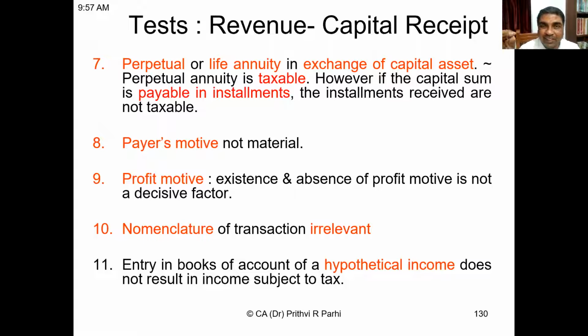Blindly it is difficult to say. Suppose the transaction may be treated as a sale and installment recovery. In that case, it will be a capital receipt. But in case the transaction is treated as an exchange of a capital asset for an annuity, because an annuity is an income with regularity, with some irregularity, therefore it is a revenue receipt.